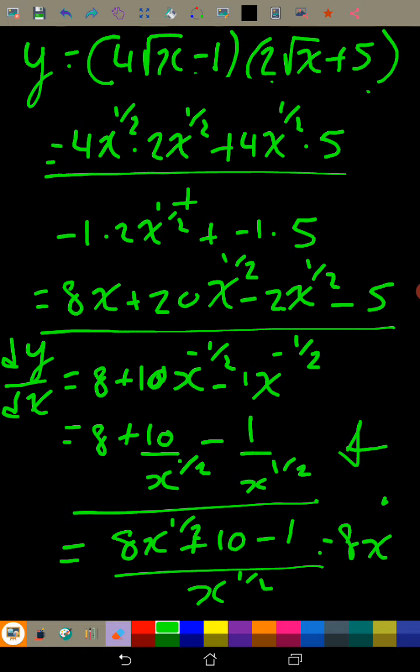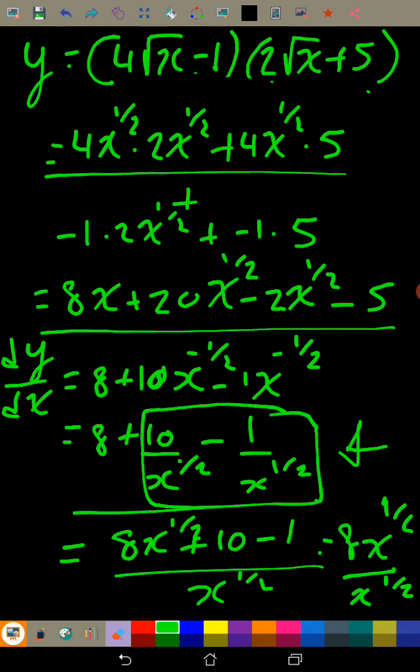How to simplify it further? Divided by x to the power of minus half. Of course, this can be simplified, right? And yeah, this will go away.